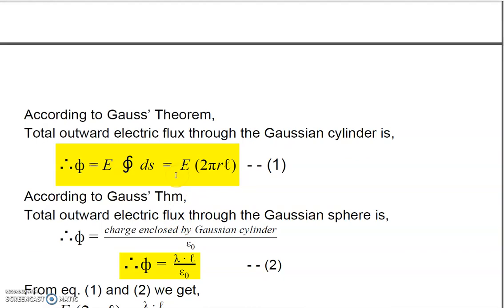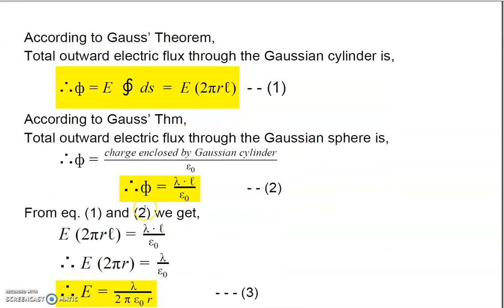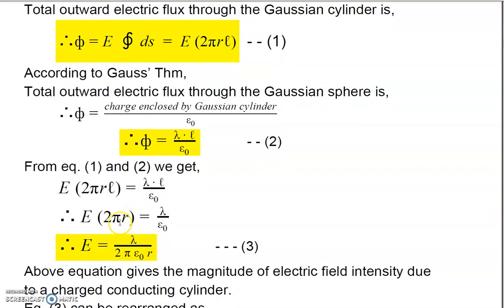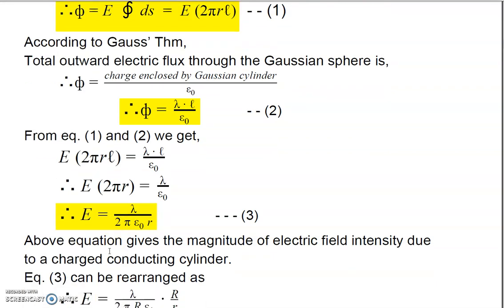I can equate those two equations, and I find that E into 2 pi rL is equal to the total charge enclosed, and I would observe that E is equal to lambda upon 2 pi epsilon 0 r. So this above equation gives the magnitude of electric field intensity due to a charged conducting cylinder: lambda upon 2 pi epsilon 0 r.